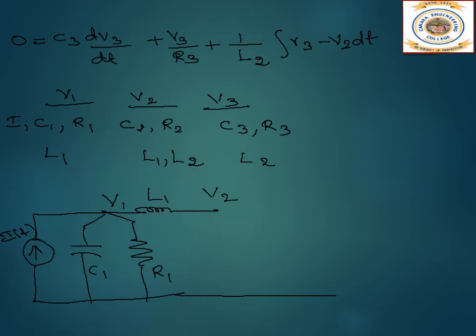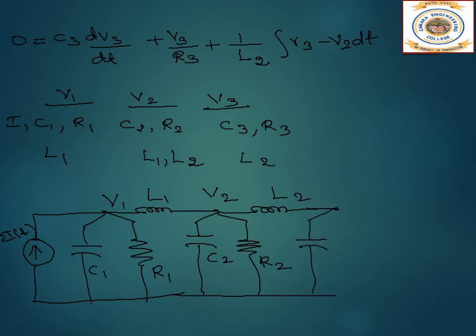This is V2, and here we have C2 and R2, and between V2 and V3 we have L2, and here we have C3 and we have R3. So this is the torque current equivalent circuit.